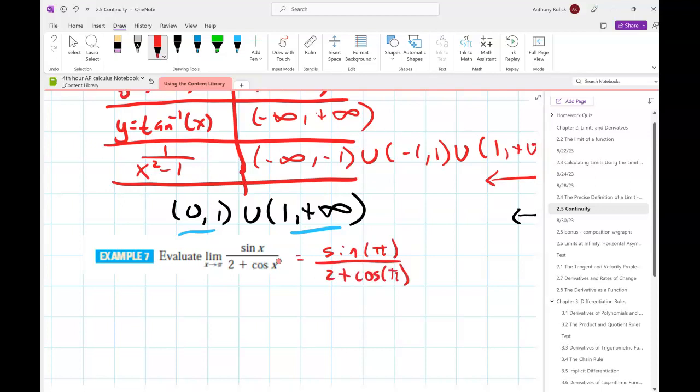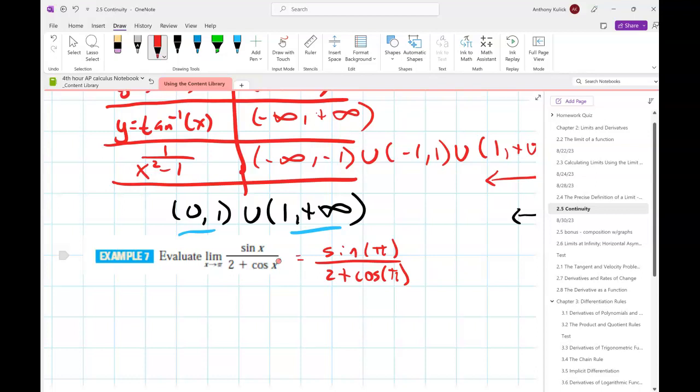Yes, Chanel? So, it's not ever going to be equal to 0. Why? Because the smallest this can be is -1, right? So 2 plus the smallest thing possible is still not 0. The bottom here has to be something between 1 and 3, because the smallest thing that comes out of cosine is -1, and the biggest thing is +1.